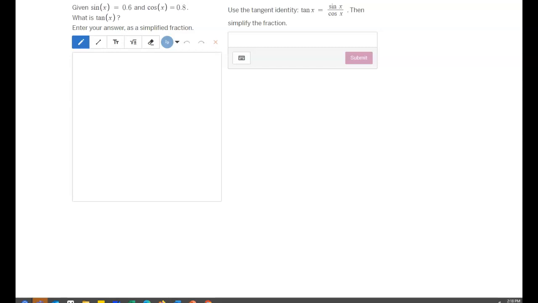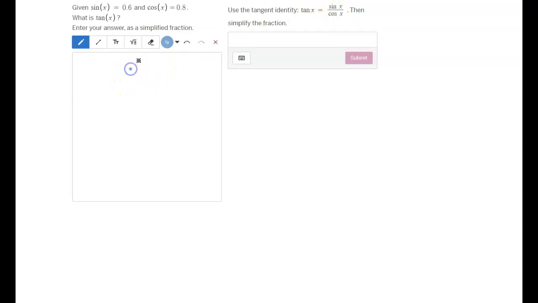Here's a little bit of a challenge for you. Given sine x is equal to 0.6 and cosine x is equal to 0.8, what is tan x? Well, we can set it up so that tan x is equal to sine divided by cosine. So when we do that, we can say 0.6 divided by 0.8.